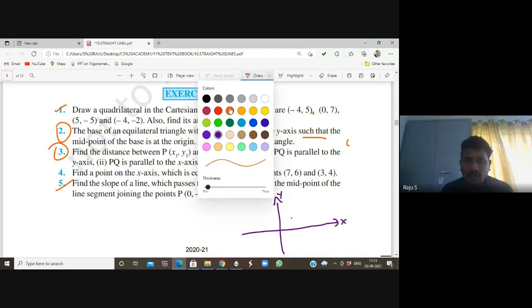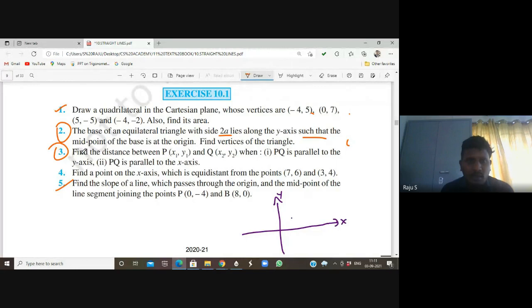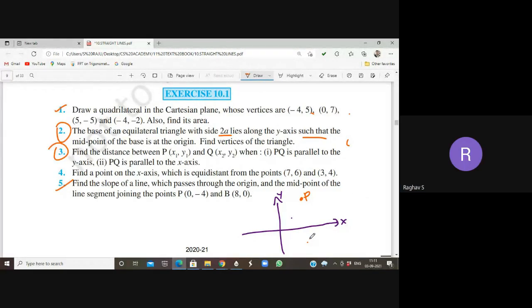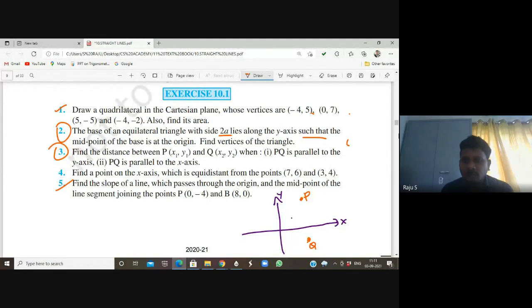Look at here, first one. Find the distance between P and Q. The first subdivision is PQ parallel to the y-axis. I'm taking P here, and PQ is parallel to the y-axis. Shall I take Q here?